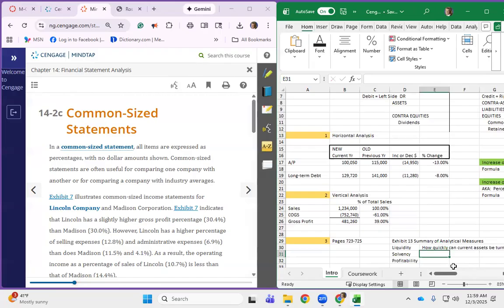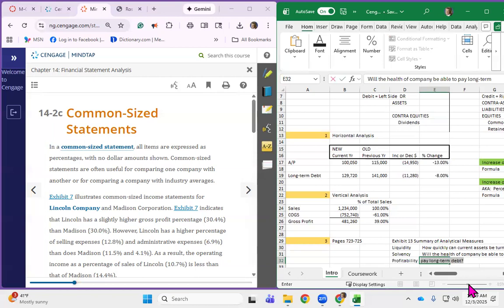Solvency is, will the company be healthy enough to pay long-term debt? Will they be able to pay it?